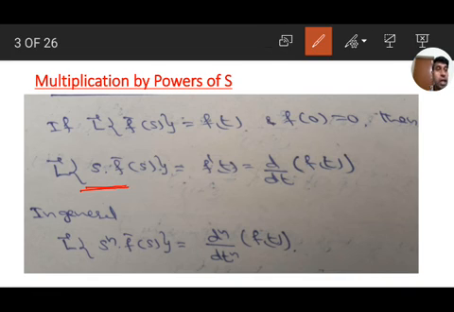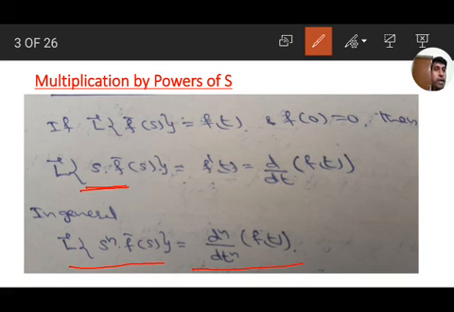If it is s to the power of n into f bar s, the inverse is the nth derivative of f of t, d^n by dt^n of f of t. Okay, these are the multiplication by s formulas.